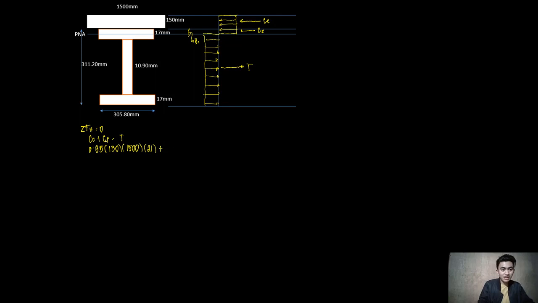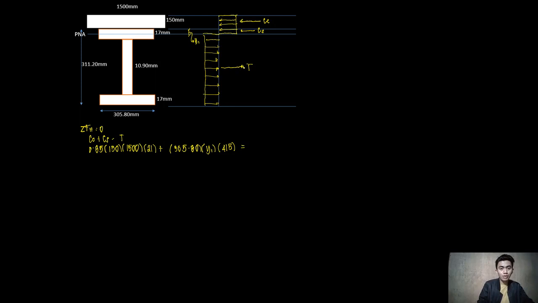Plus, for C sub S, our equation is A sub S times Fy, since we are dealing with a steel section, wherein A sub S is equal to our base, 305.80, times our thickness, which we denote as y sub 1. Then multiply this by Fy, which is 415.